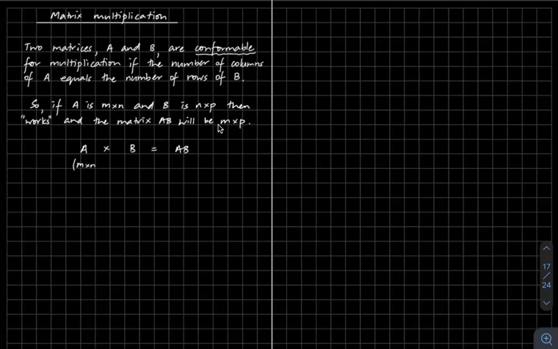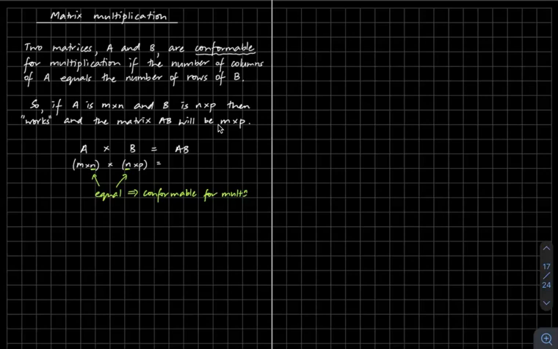So A is M by N. We're multiplying that by N by P. And so first of all, if we look at the two inner numbers, they're the numbers that need to be the same, because they represent the columns of A and the rows of B. So as soon as they're the same, so if I look at those and they are equal, then that implies this is conformable for multiplication. Just write an abbreviation there for multiplication.